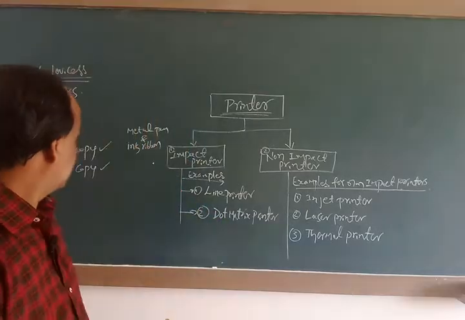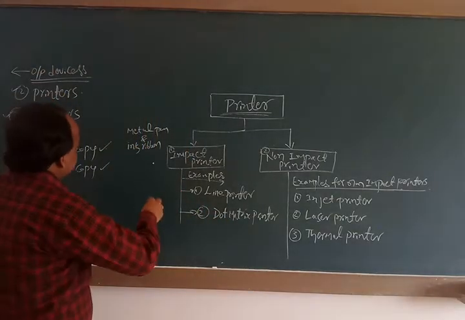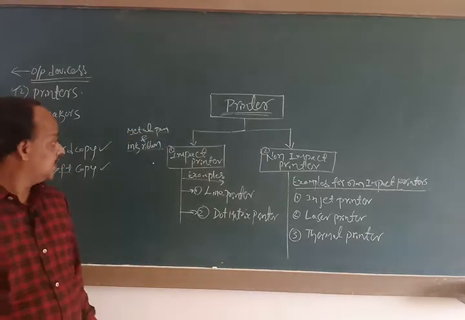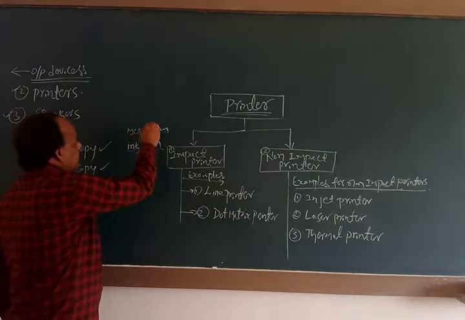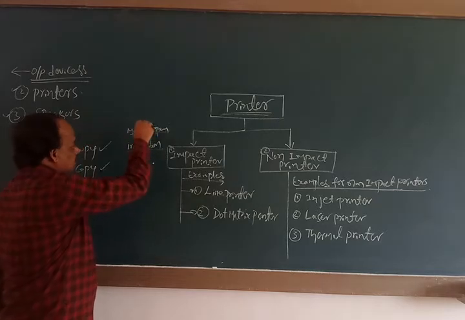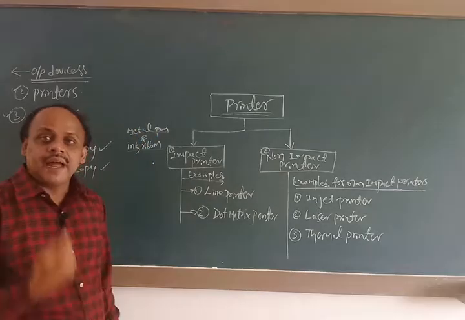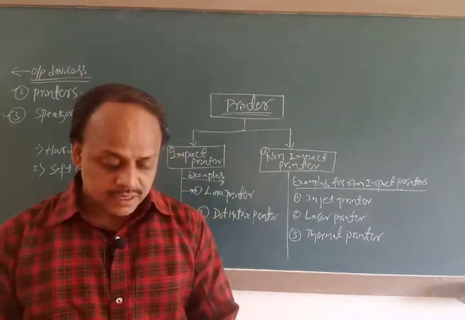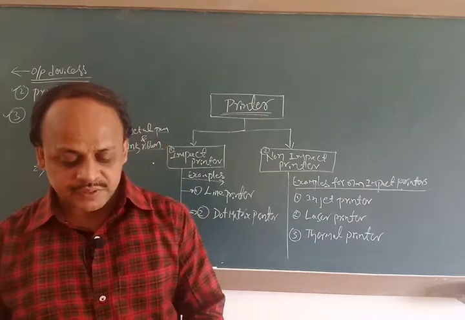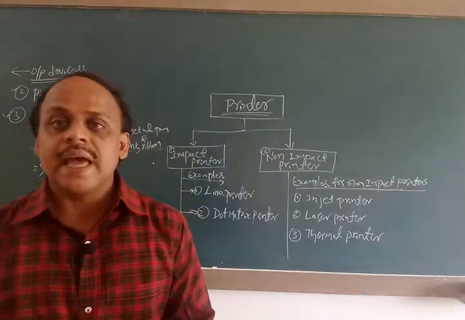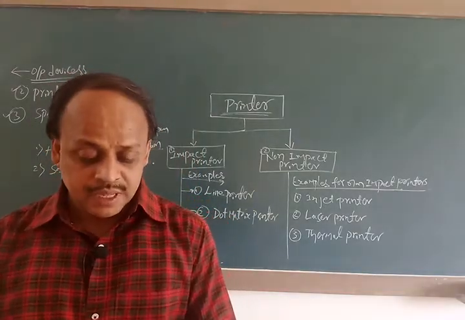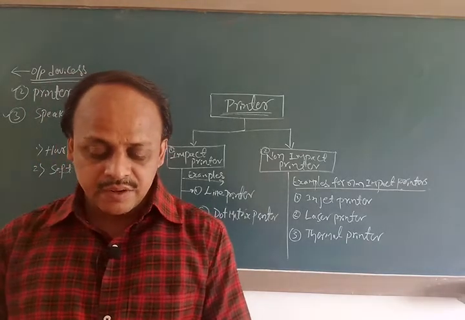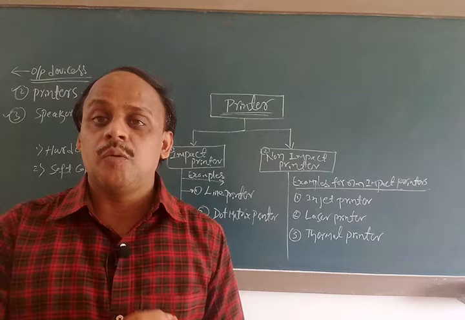A paper is placed between an ink ribbon and a metal pin. Whenever the metal pin is working, it strikes the ribbon and the image is printed. So there is a physical contact with the paper to produce an image. This is the first point. And second, we can observe impact printers are ideal for printing multiple copies.